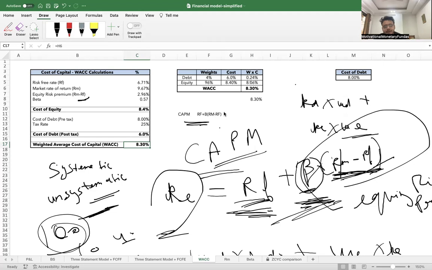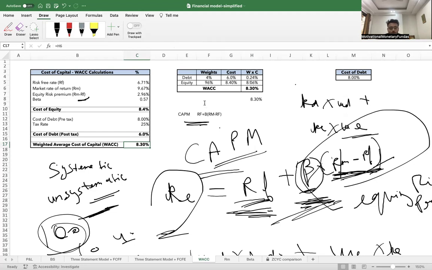Cost of debt is the interest rate, right? Perfect. Yes. Any questions, anybody? Rest of the forecast we shall do in the next session, right? But any questions, anybody? I'm waiting for questions.